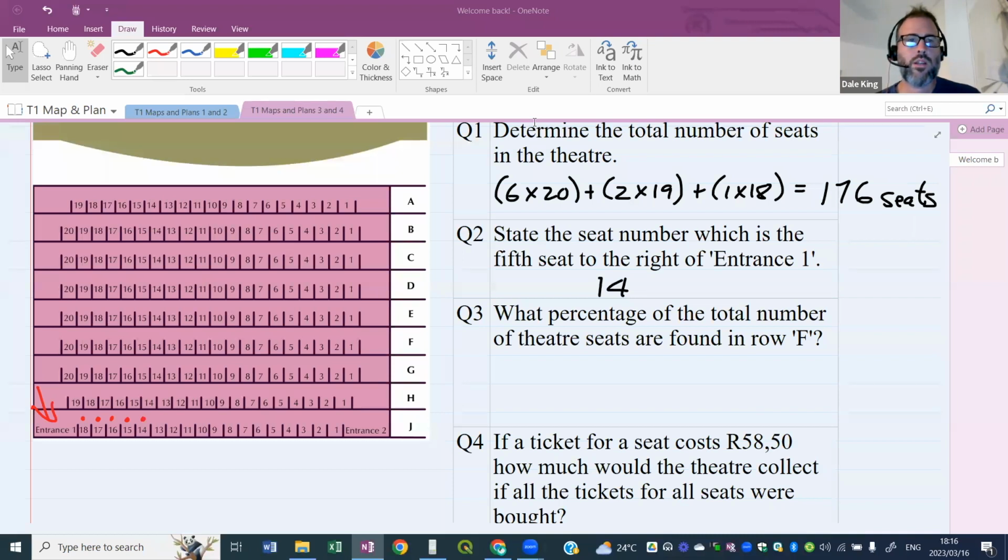Give you a few more seconds to do that. All right, Keisha's there with an answer as well. All right, I'll give you a few more seconds. What percentage of the total number of theater seats are found in row F? All right, looks like we've got a whole lot of answers in there.